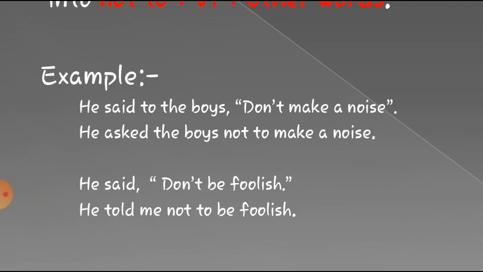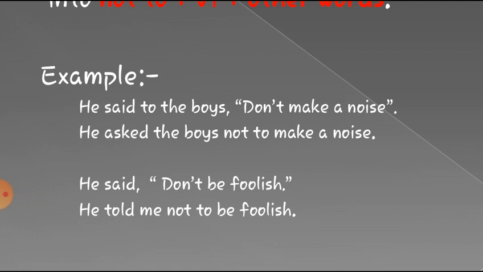So here again you should learn that according to the nature of the sentence, said to can be changed into asked, or said can be changed into told, and the sentence is a negative sentence. That's why don't or do not can be changed into not to instead of comma and inverted comma in imperative sentence in negative form.